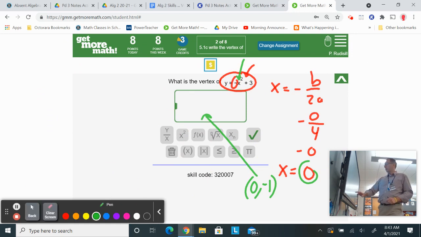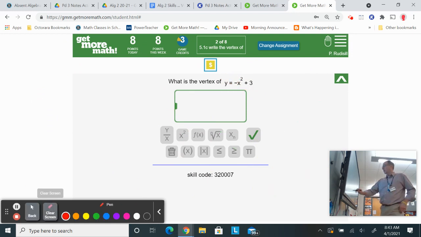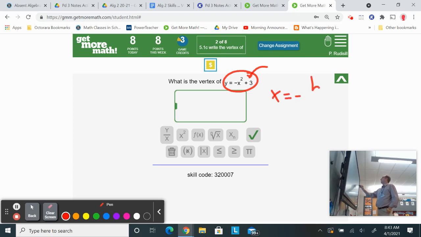So let's go back. Let's clear the screen. This is very similar. There is no b, so when I do my axis of symmetry, my b is going to be a 0, and anytime b is a 0, it's going to make that whole fraction 0. But we'll follow through. There's a -1 for a. 2 of those is -2.